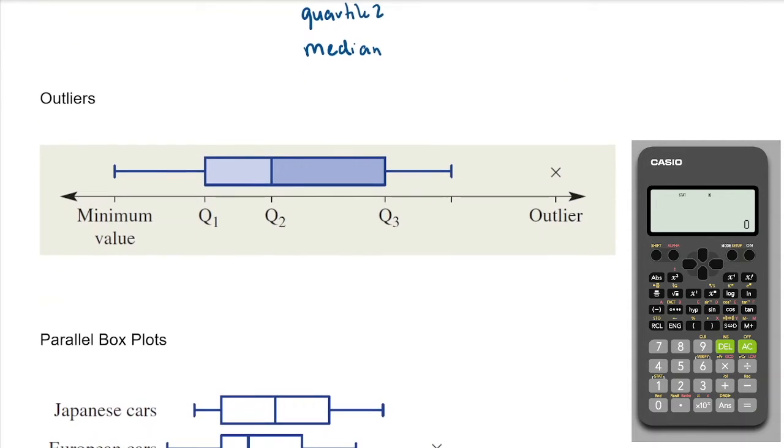Now, we can look at outliers with box plots as well. What we would do is use our outliers calculation: our Q1 minus 1.5 times the IQR, and our Q3 plus 1.5 times the IQR, to find our outliers.